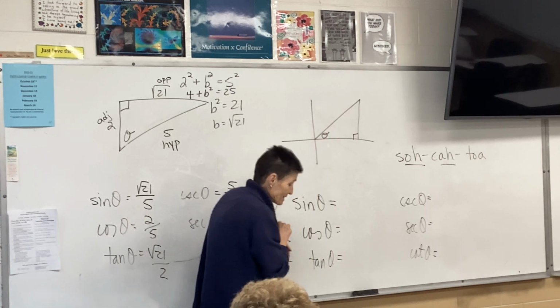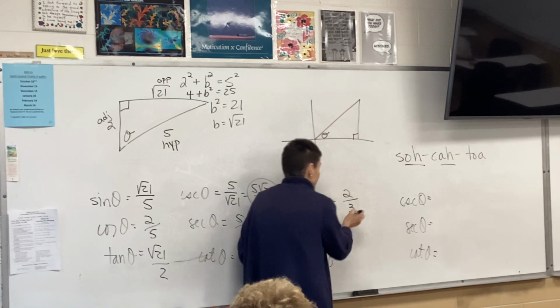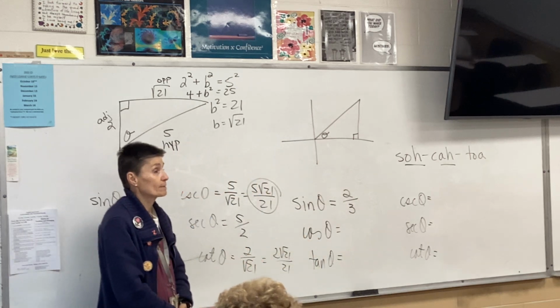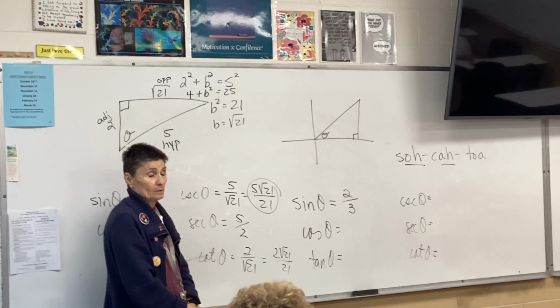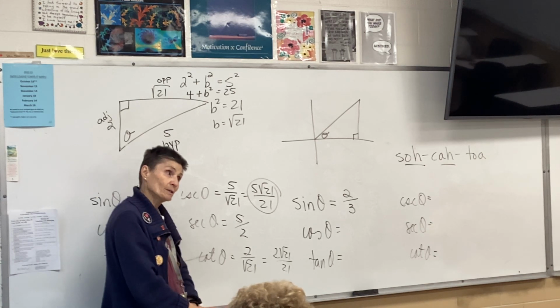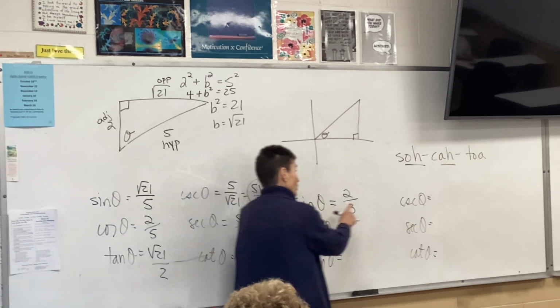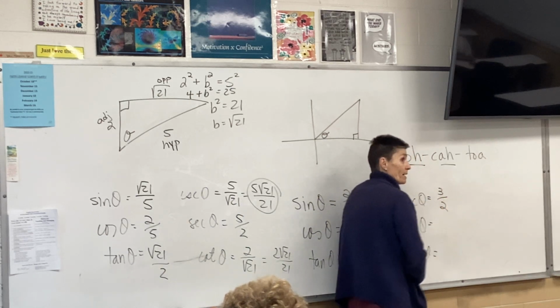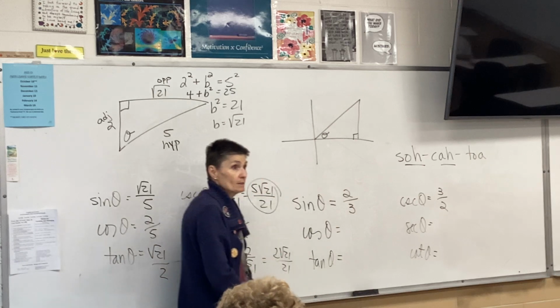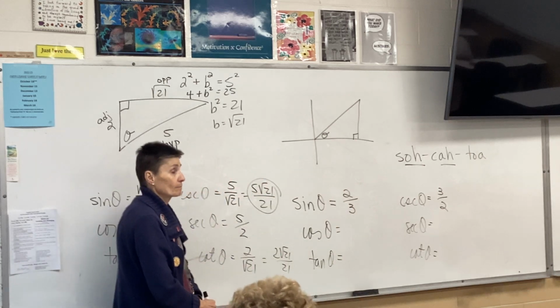Now, what they told me was that the sine was 2/3. Well, without really doing any work, I automatically know then that the cosecant is 3/2, right? Aren't they reciprocals of each other? Sine and cosecant.